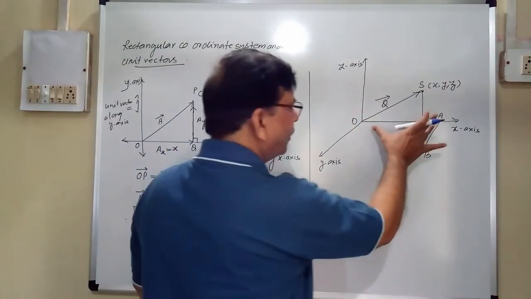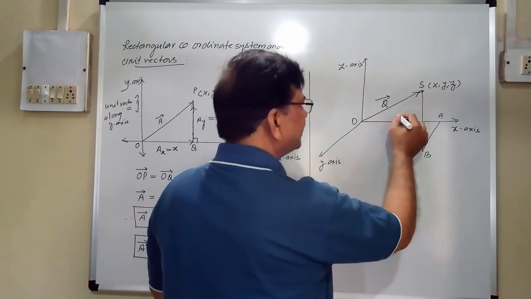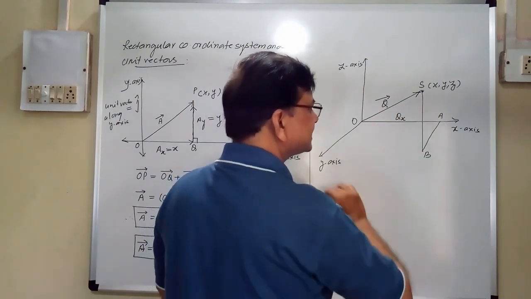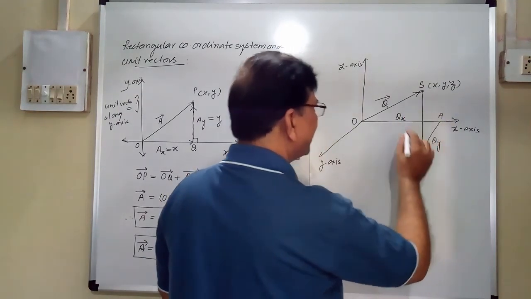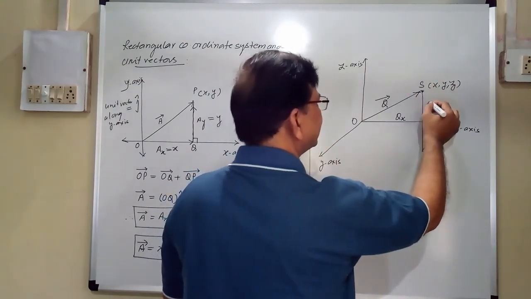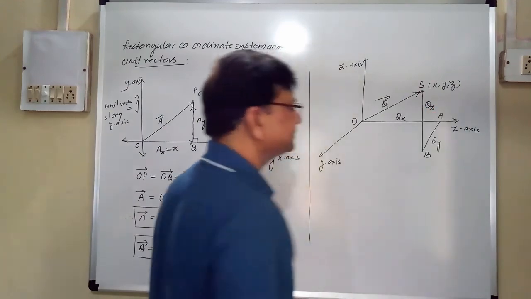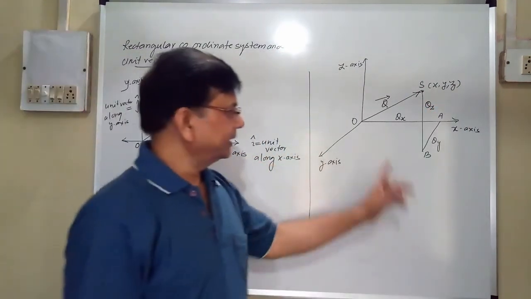Let OA be equal to QX along x-axis, QY along y-axis, and QZ along z-axis. These are the 3 distances.